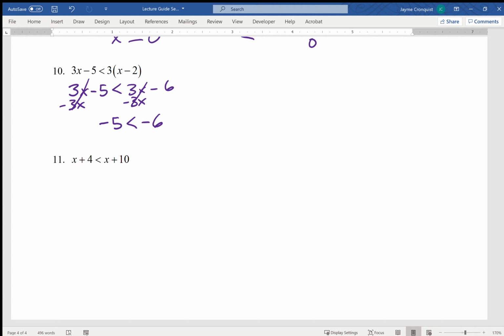Is negative 5 less than negative 6? If I have 0, 1, 2, 3, 4, 5, I have negative 5, negative 6. Is negative 6 less? No, it comes first. It's smaller. Yes, it's less. Negative 6 is less. Negative 5 is not. So this is never ever true, so it's no solution.